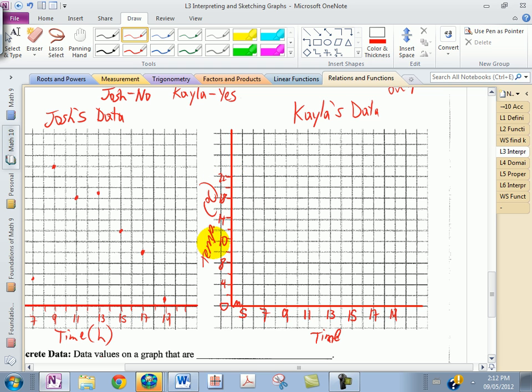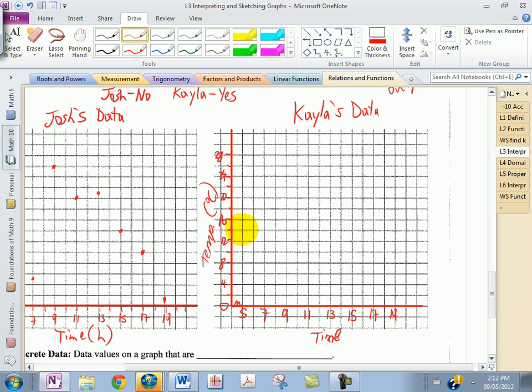Oh, I messed up there. 10, 12, 14, 16, 18, 20, 22, 24, 28. Okay, you can plot her data.